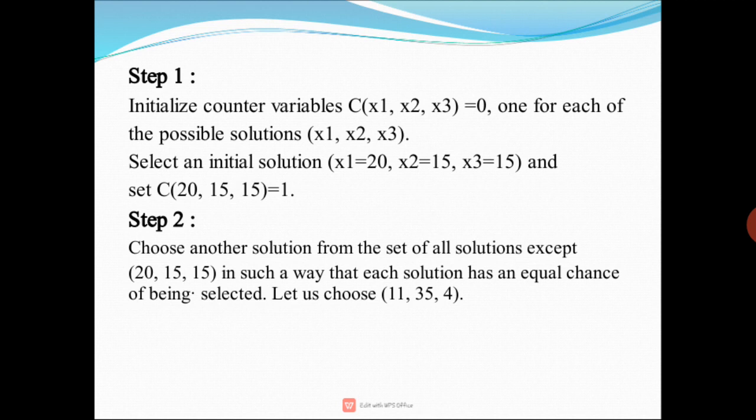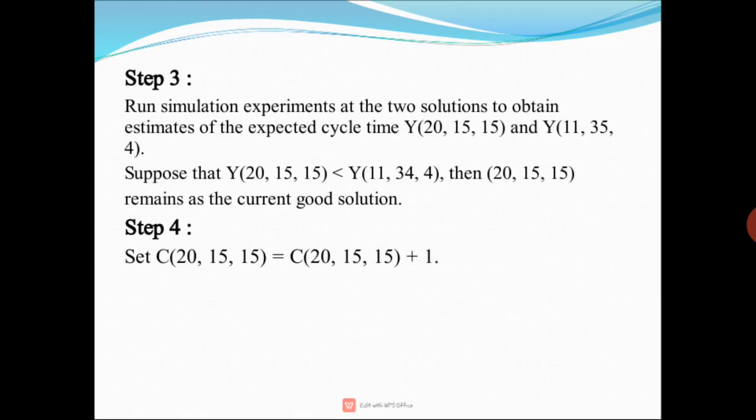In the next step, choose another solution from the set of all solutions except 20, 15, 15 in such a way that each solution has an equal chance of being selected. So take 11, 35 and 4. Run simulation experiments at two solutions to obtain estimates of expected cycle time, that is output performance of 20 15 15 and y of 11 35 4.